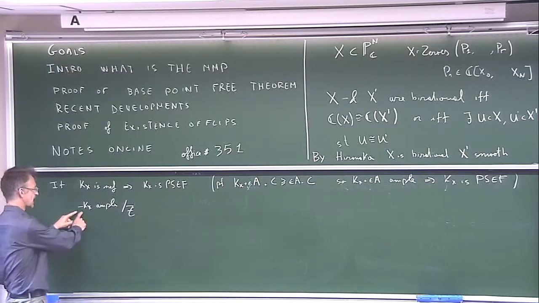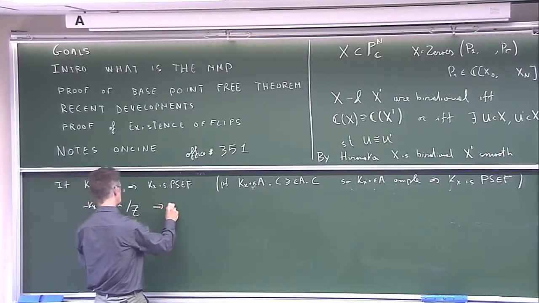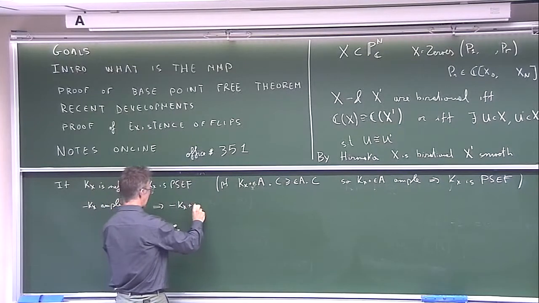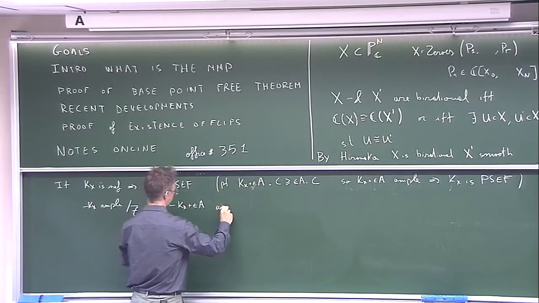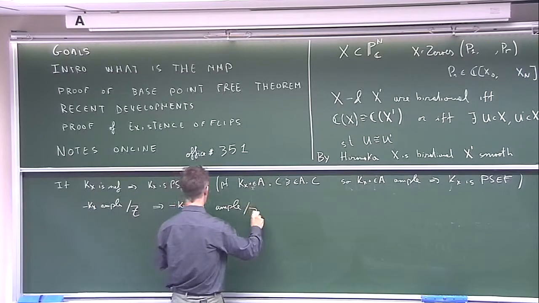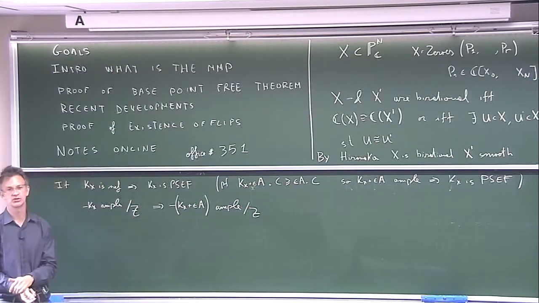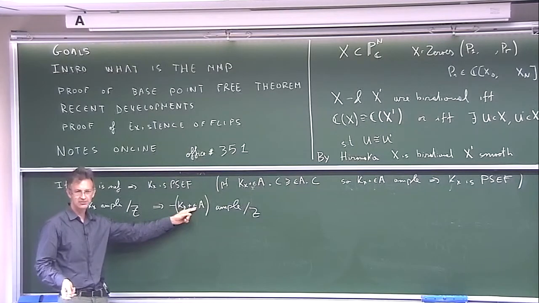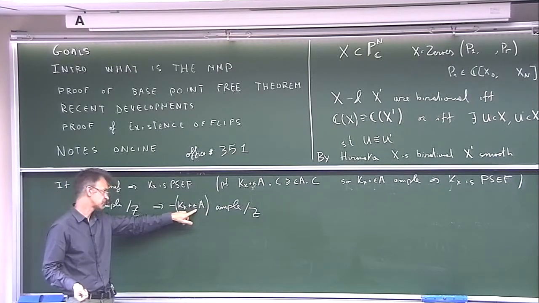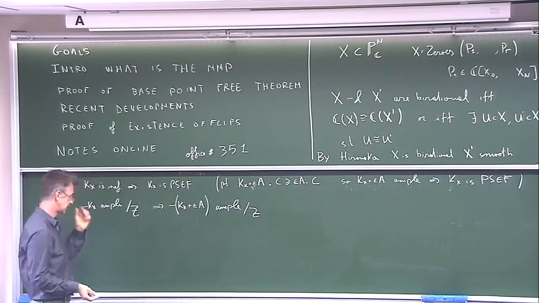So if minus Kx is ample over Z, then that tells you that minus Kx plus epsilon A will be ample over Z for epsilon small enough. The reason is that ampleness is an open condition. So if I make epsilon sufficiently small, this stays ample over Z.